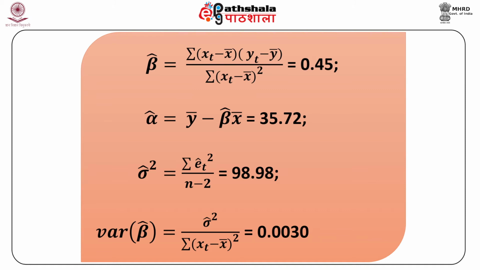On substitution of the values of 98.98 and of sigma of xt minus x bar square, we get the variance of beta hat equal to 0.0030. All these are simple calculations which you can do either manually or by use of simple calculators.